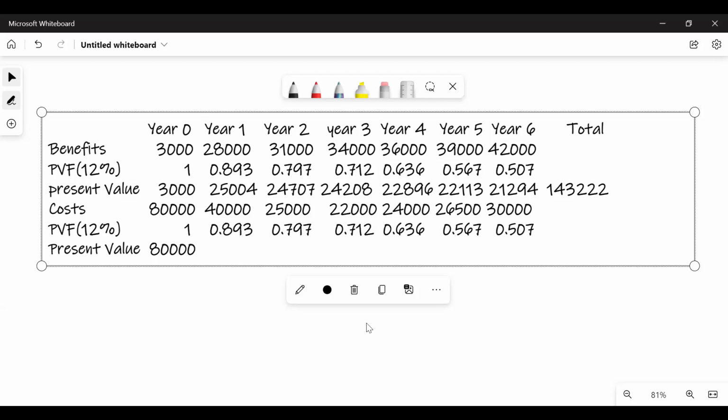Can you tell me what the values are for year 1? 40,000 will be reduced to 35,720, right? Okay, good. 25,000.